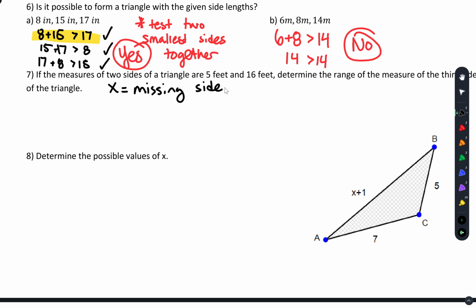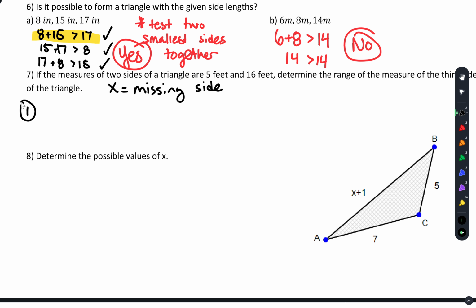This is a two-step process that you're going to follow every single time you do one of these problems. We are going to make two different assumptions. I don't know what X is, but I need to figure out what its minimum value could be and what its maximum value could be. So I'm going to assume that X is the smallest side.